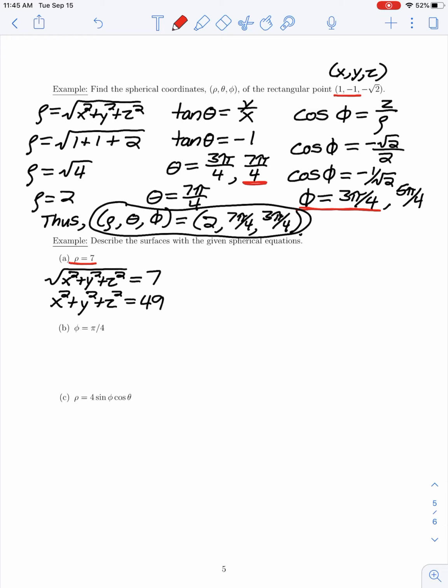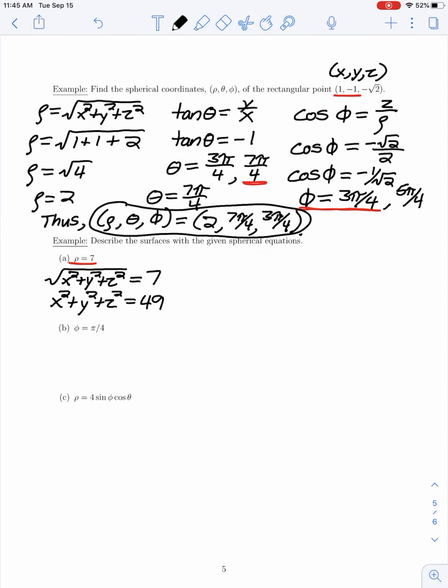Now we might have immediately seen that from thinking about the interpretation of this equation. So recall rho represents the distance from the origin to our point. So if that distance is a constant value, 7, we're looking at the set of all points in space that are 7 units exactly from the origin, which would be points on a sphere of radius 7.